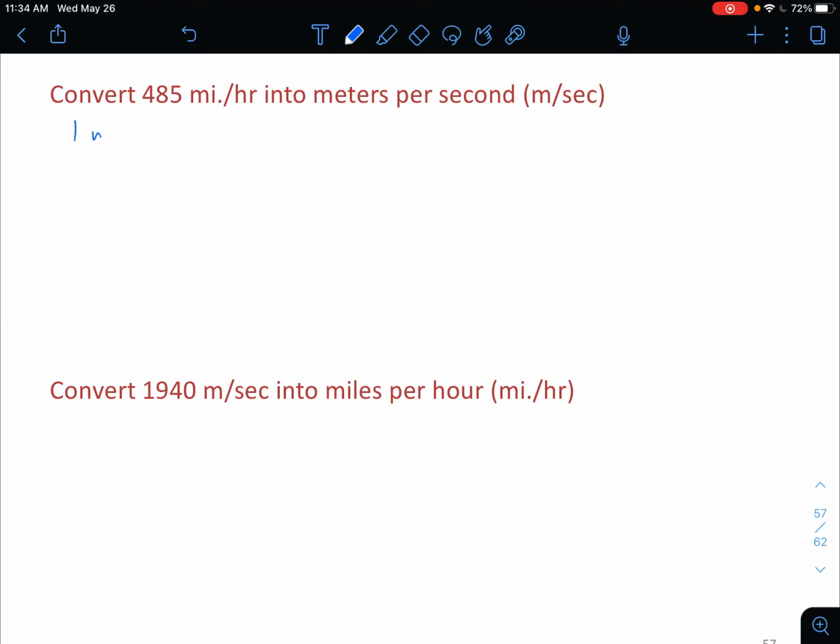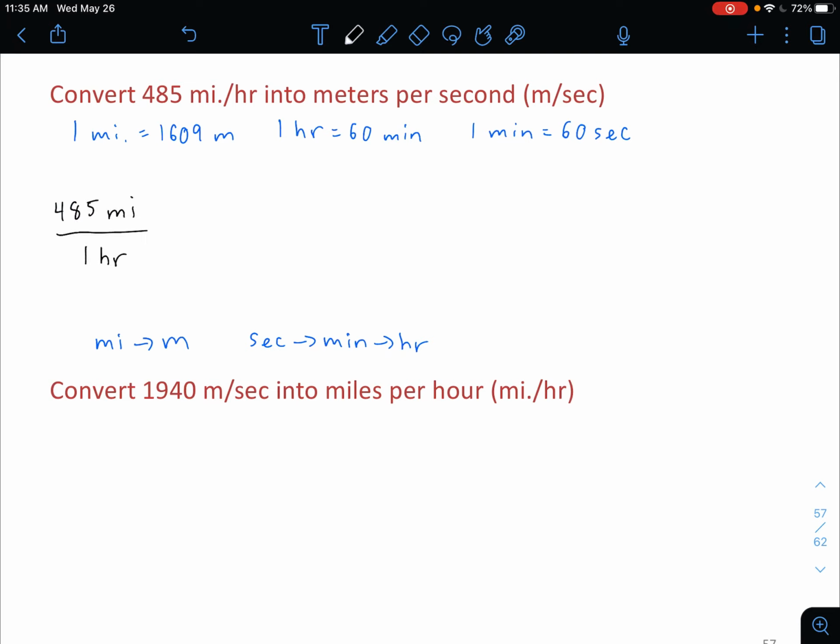So conversion factors for the first one, right? 1 mile equals 1609 meters, and then 1 hour equals 60 minutes, 1 minute equals 60 seconds. And so our plan will be miles to meters, then seconds to minutes to hours. All right, so let's see how this works out.